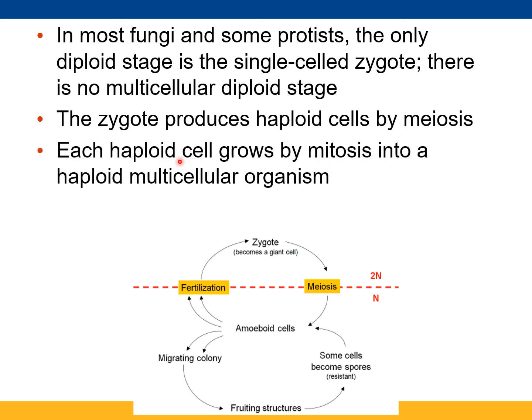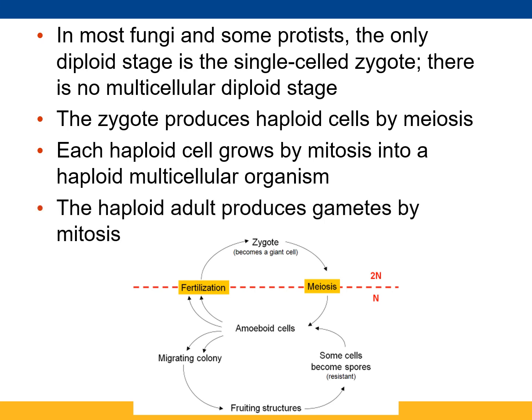So when we have that haploid cell that meiosis created, you might grow into a multicellular haploid organism, or in some cases they will stay unicellular. Just depends on the species. That new meiotically created cell can then create gametes for fertilization. And again, you can get these sort of complex figure-8 type situations going on. I don't want to get too crazy about this. The main thing is that you have a diploid and a haploid phase in the life cycle.